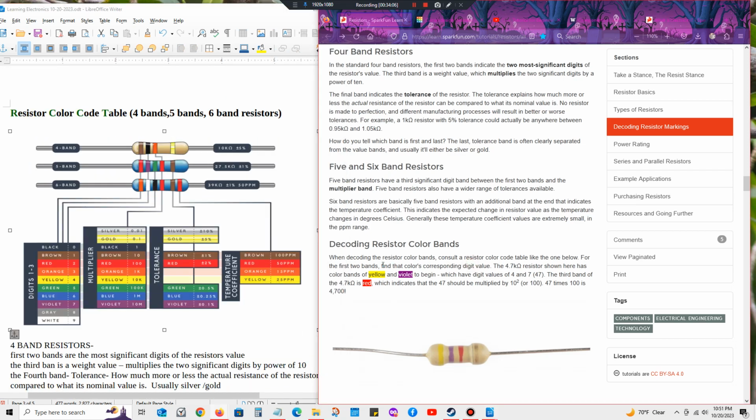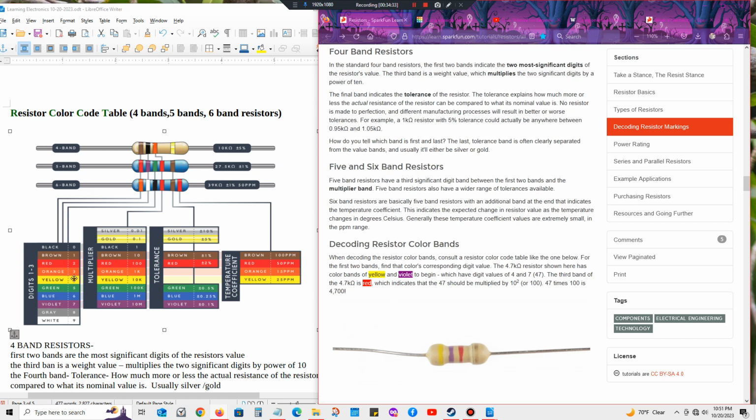It says that the 4.7K resistor shown here has the color bands of yellow and violet to begin, which have digit values of 4 and 7.